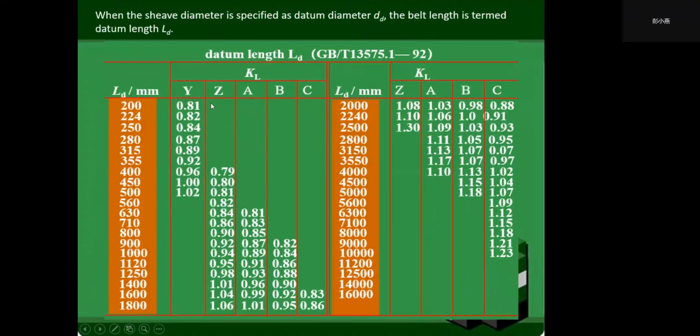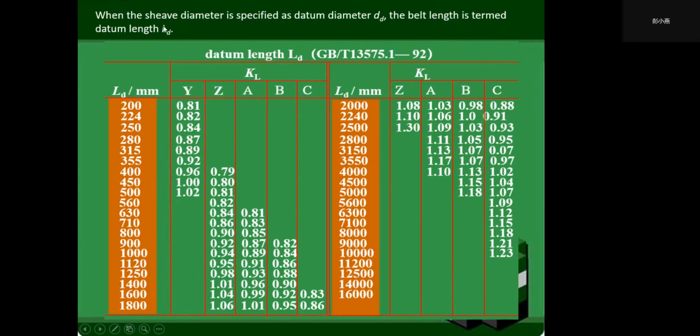And this table lists the value of length Ld, and this is for the type of V-belt, Y type, Z type, A type, B type, or C type.